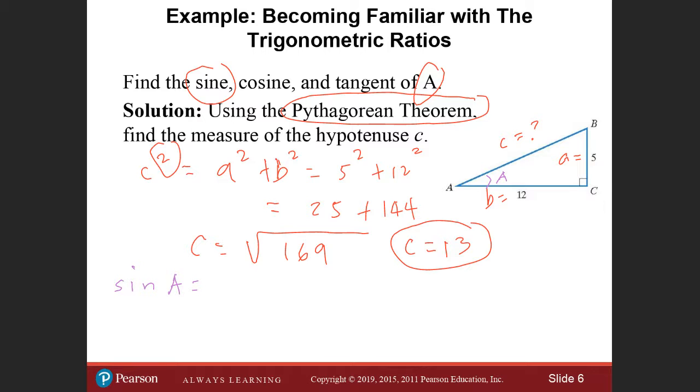The opposite side is 5, over the longest side, which is C, which is 13. Cosine A is adjacent over the longest side, so that would be 12 over 13.